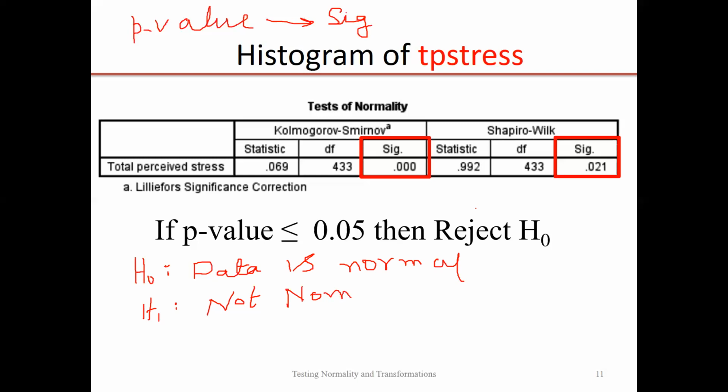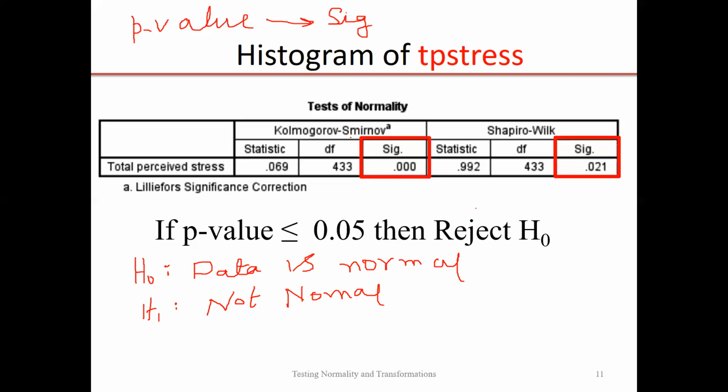How will we take the decision? It's totally based on these sig values, which are very important. You have to observe these two sig values. One sig value is 0, the other is 0.021. If the sig value is less than 0.05, then reject H0.